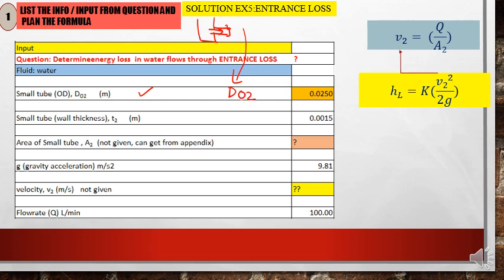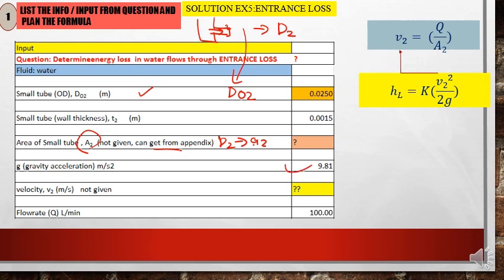Again, the same thing, you have to get the D2 from table G2, and A2 is not given, so you can get it together with the D2 by using table G2, appendix G2.